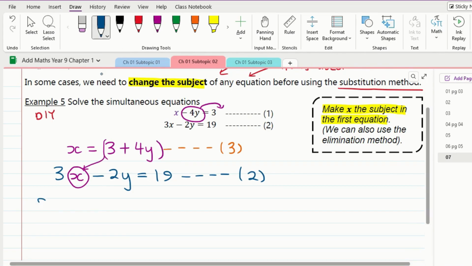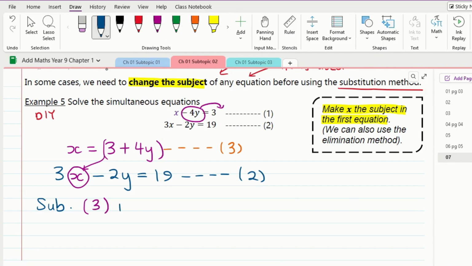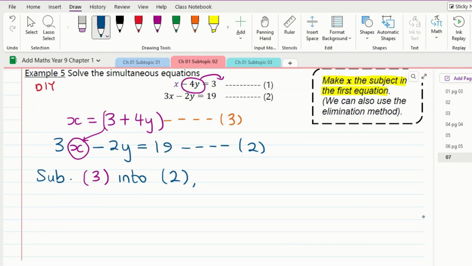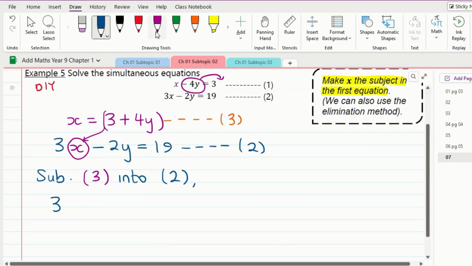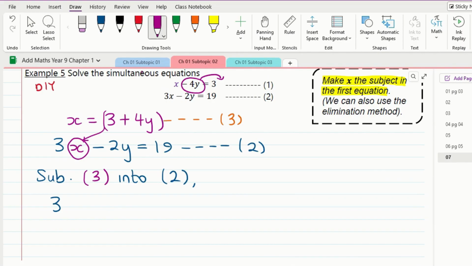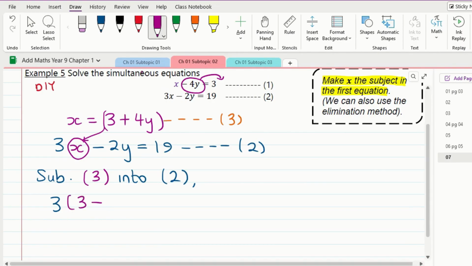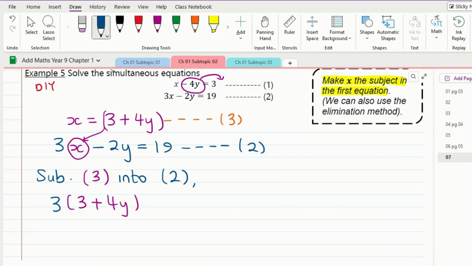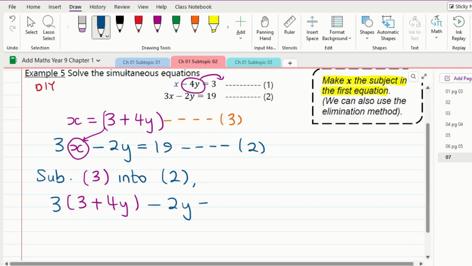So the statement you can write down is: substitute equation number 3 into equation number 2. What happens next is that in the second equation, the 3x is replaced by 3 bracket 3 plus 4y. Because it's an expression, 3 plus 4y, the suggestion is to put brackets around it, and the rest can be solved simply.